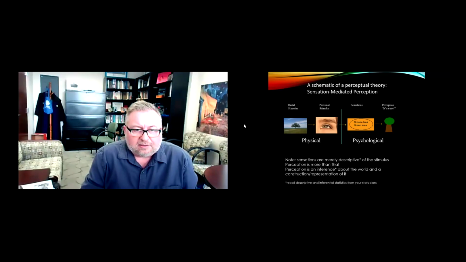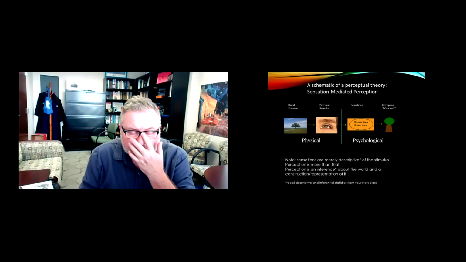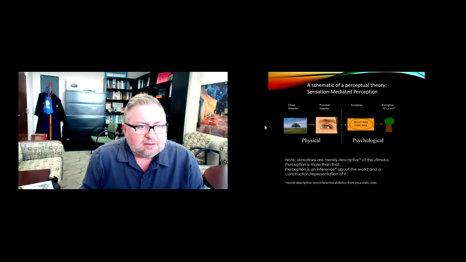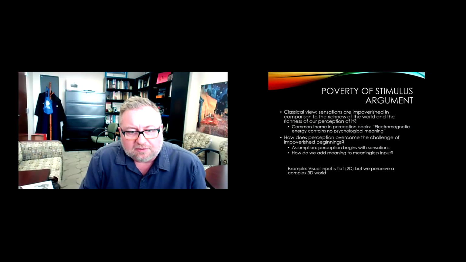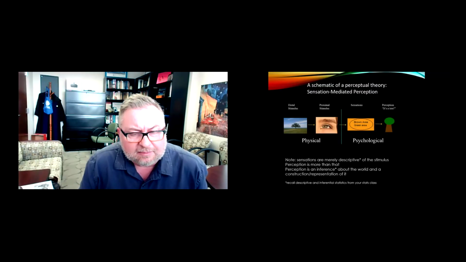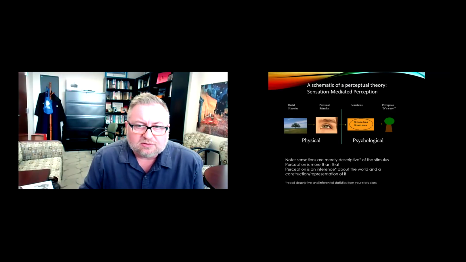Okay, well, welcome back to the next part of the chapter on sensation and perception. We left off on the previous slide talking about the poverty of stimulus argument. What I mentioned in covering that is the basic idea that perception is about construction.